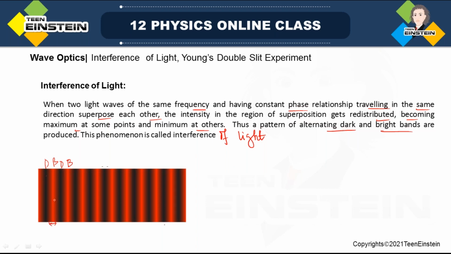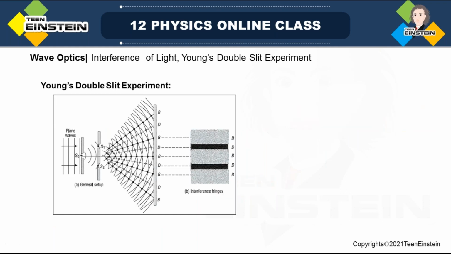These are called bands or fringes. Today we'll be calculating how to find the fringe width. So let us directly go to Young's double slit experiment in detail.